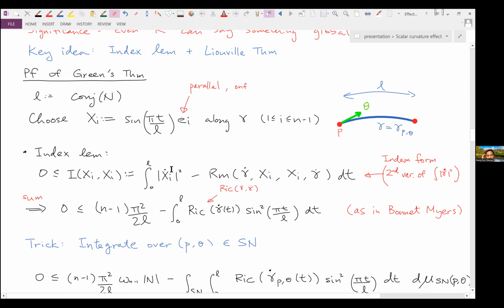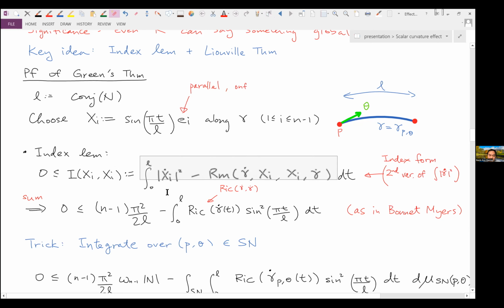So what's the index lemma? First of all, the index form I is nothing but the second variation of the energy. So that means the integral of the square of the speed of the geodesic. So if we differentiate twice with respect to the parameter, so let's say we have a family of curves or geodesics, then we get the second variation, and it's a quadratic form, which is called the index form, denoted by I. So it turns out the formula is given by this integral here, right?